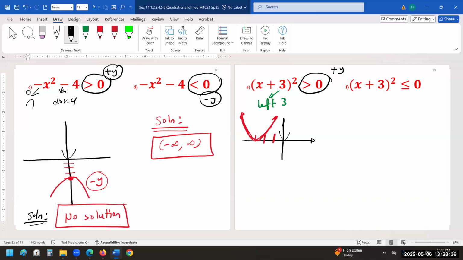Yes. Where? Here our y is 0, that means we cannot take that point. Besides that point, we need to take everything else. So we have a left part and a right part, so we have to divide our parabola into two pieces.